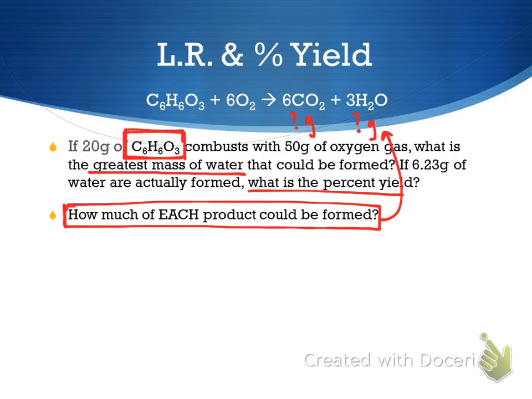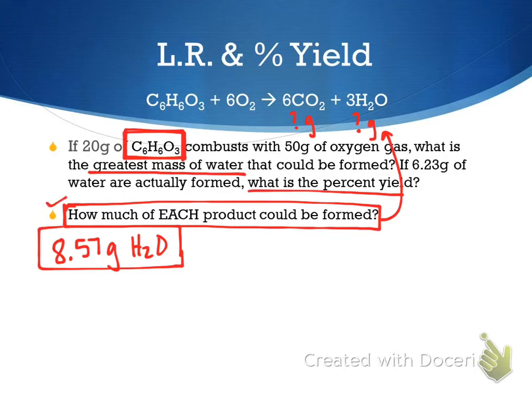Since this hydrocarbon was our limiting reactant, we know that it produced 8.57 grams of water. That's already half of this question answered, because we know the mass of water that's formed just from that last T-chart.